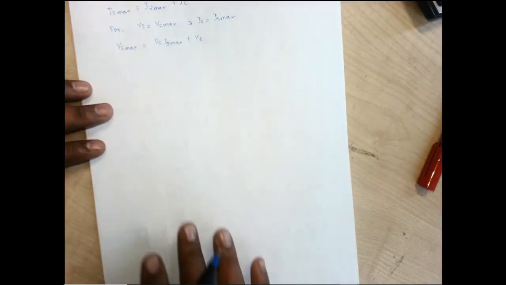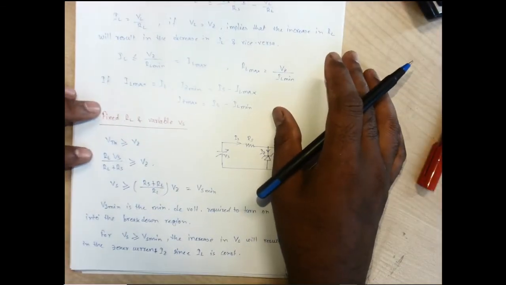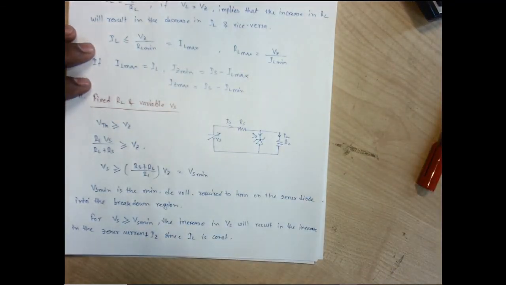It is not required, because this equation is giving us the indication that yes, our Iz will be changing, because as Vs is changing, here we must ensure that Vs, which is changing, puts this Vz into the breakdown.